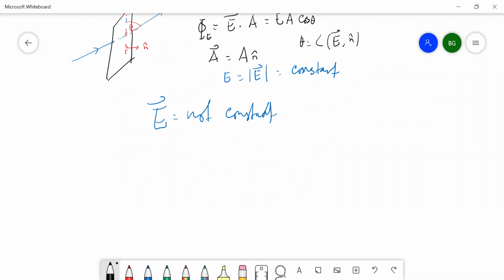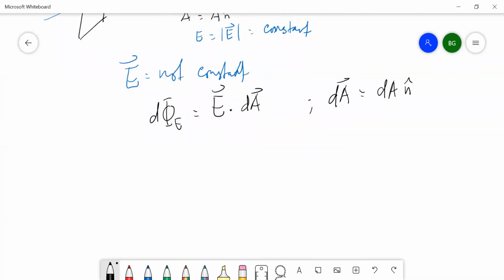It means that the infinitesimal flux d phi is E dot dA, where dA is a vector, dA times n hat, the normal vector of the surface.